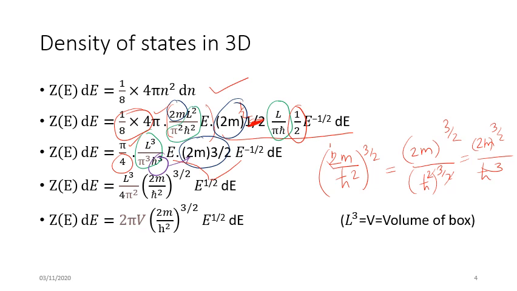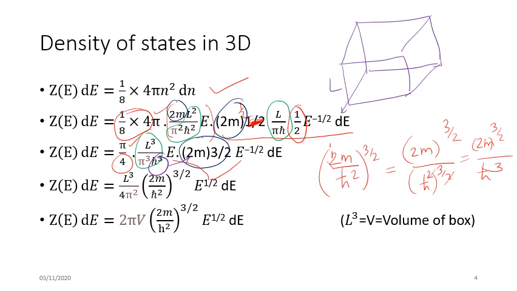L cube is the volume of the box, because here we have considered a three-dimensional potential box with length dimensions L, L and L. So length, breadth and height are all L. That's why L cube is the volume of the box, which is V. So this L cube is V, that is transformed. You can see twice m upon h square is there, and the right hand side part is as it is.